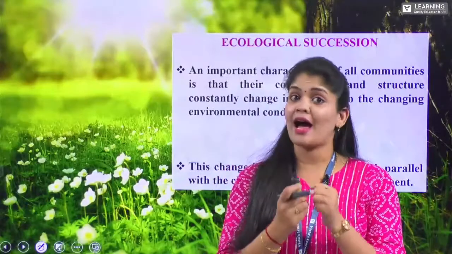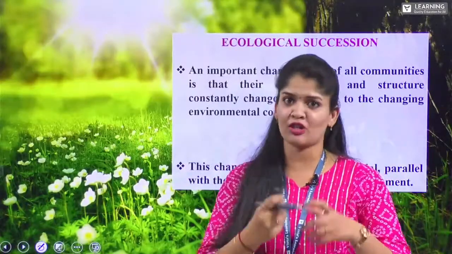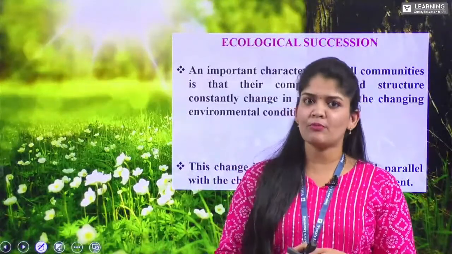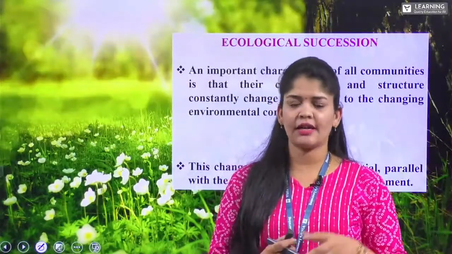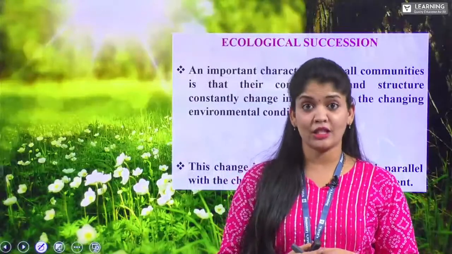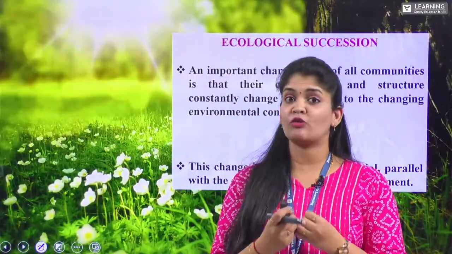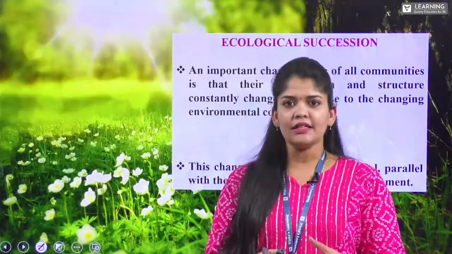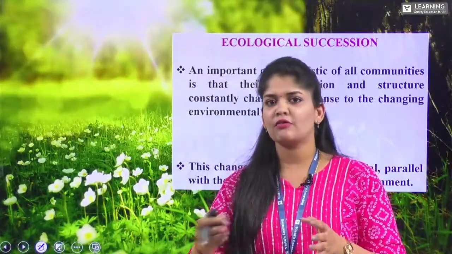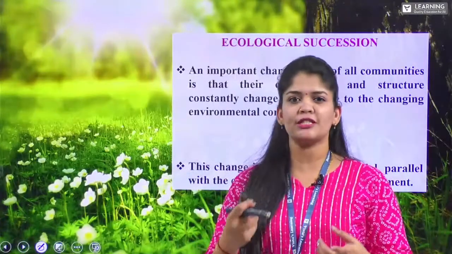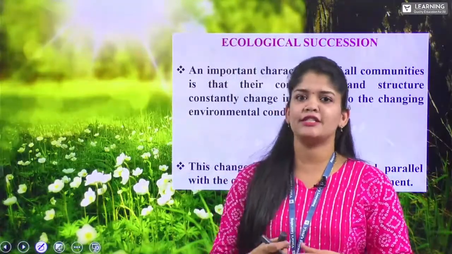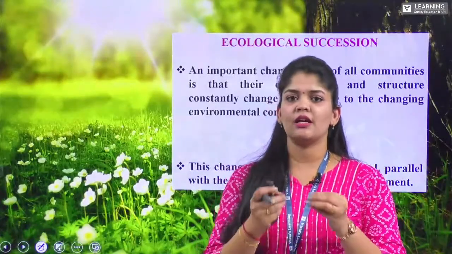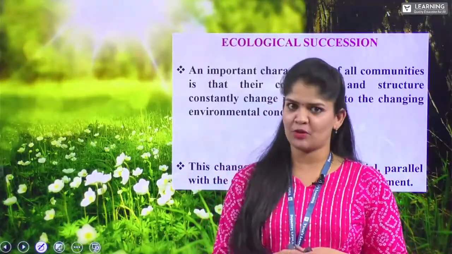And they perform as a unit, performing many functions, starting from productivity, decomposition, food chains and food webs, and further functions in the form of nutrient cycling as well as energy flow. We discussed energy flow, and we will discuss nutrient cycling in an upcoming session.